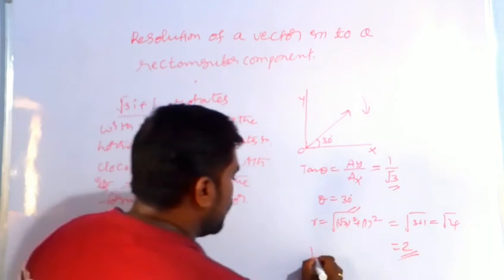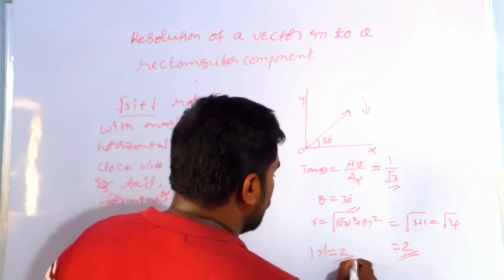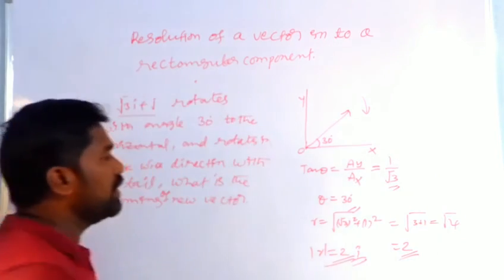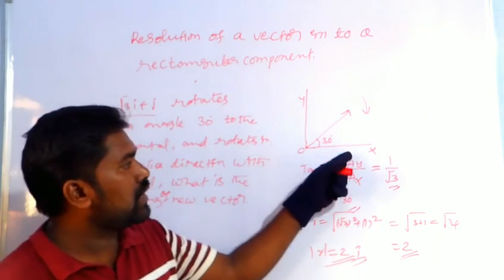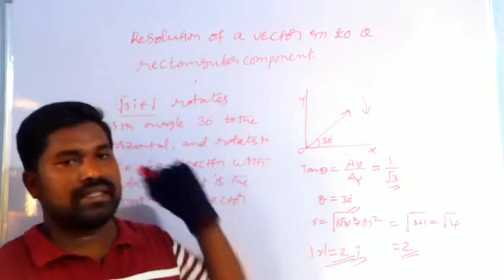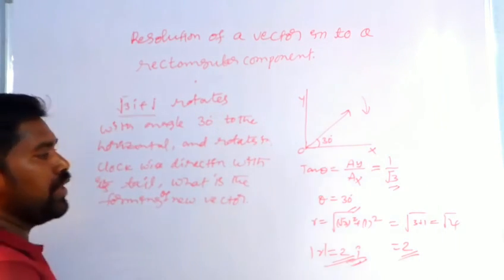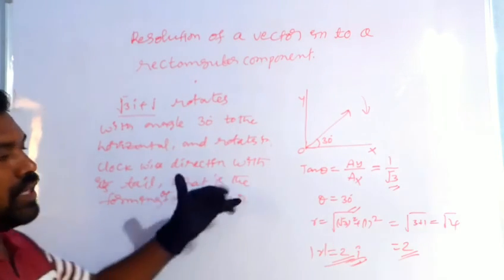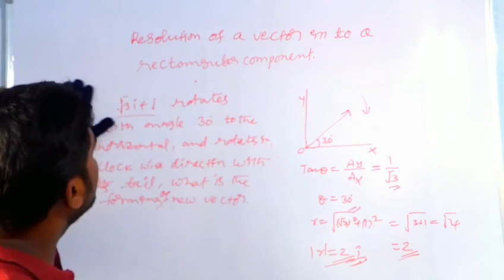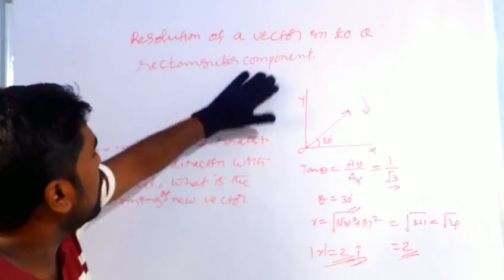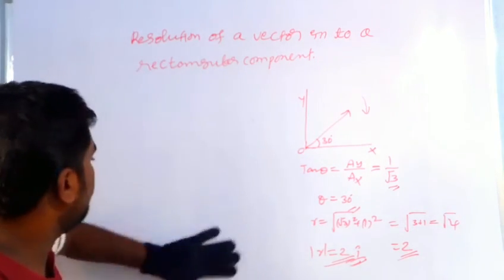So the magnitude of the resultant vector is 2, and that is along the x-axis only. It rotates clockwise and comes towards the x-axis. That's why the new vector formed is 2i only. So this is the making of problems from the rectangular component resolution.